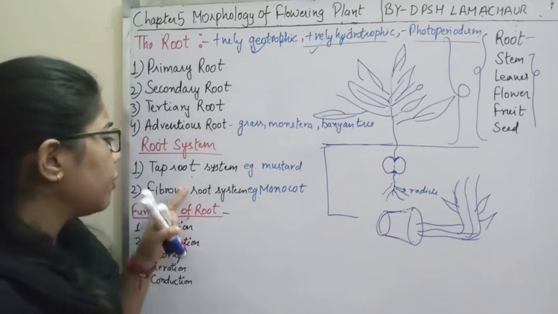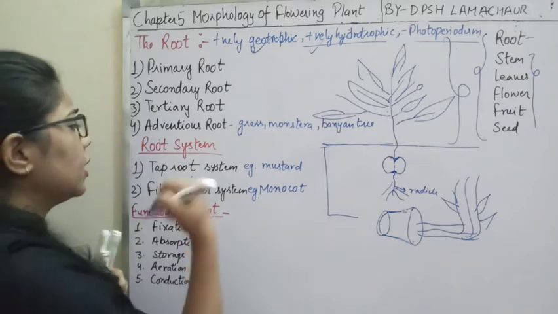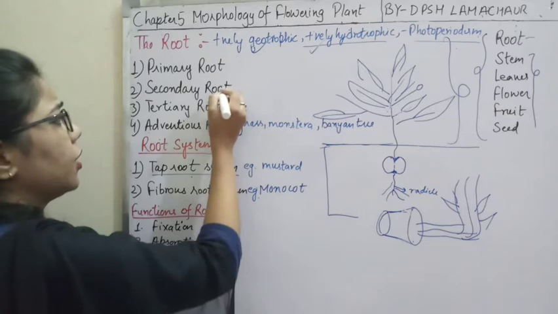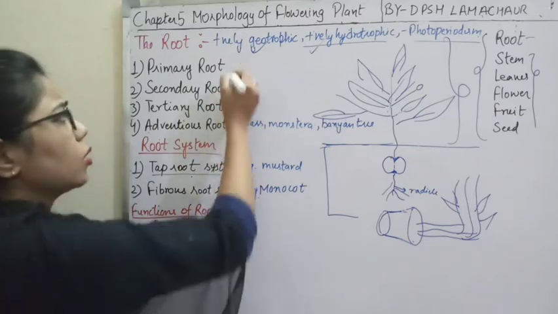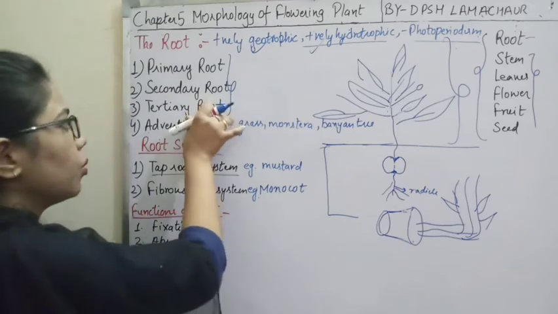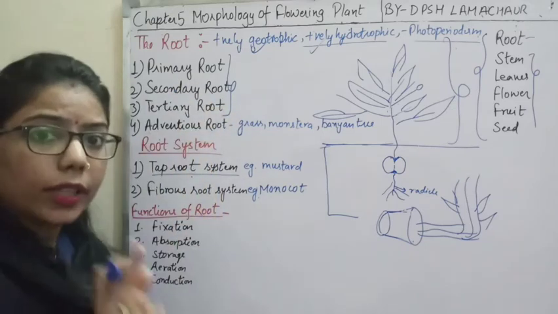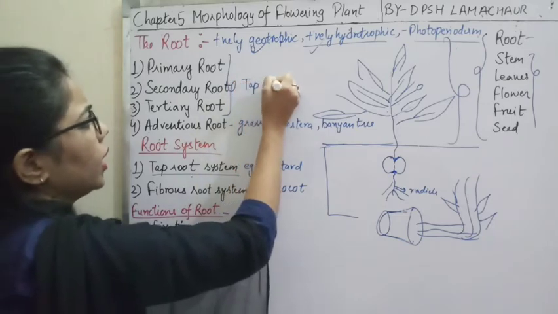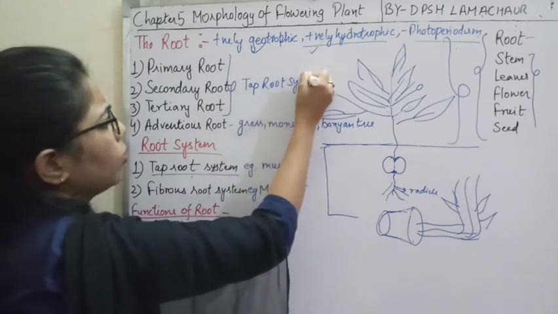One by one we will understand. The taproot system is that in which there are primary root, secondary root, and tertiary root. These three types of root come under the taproot system.